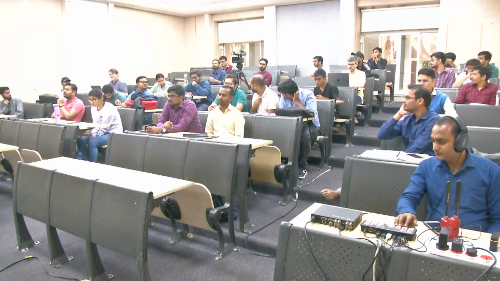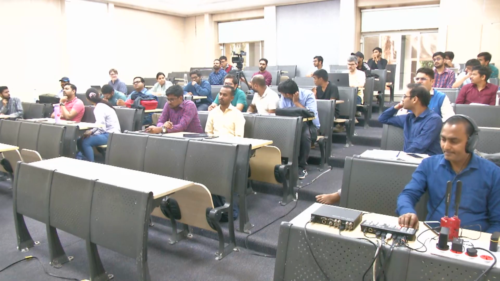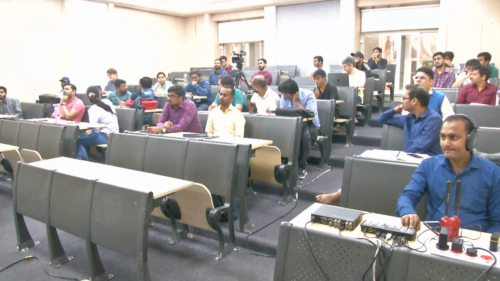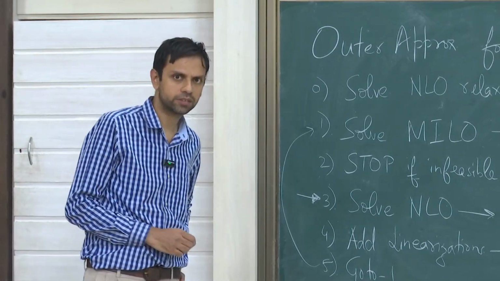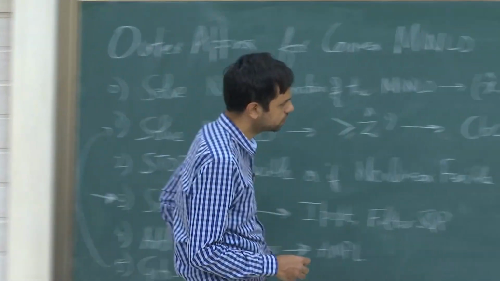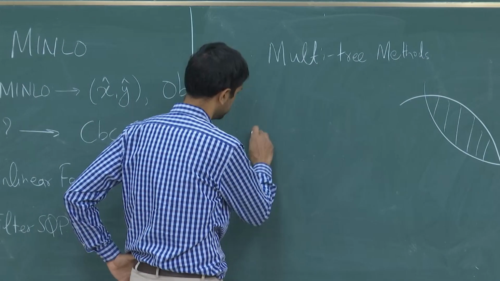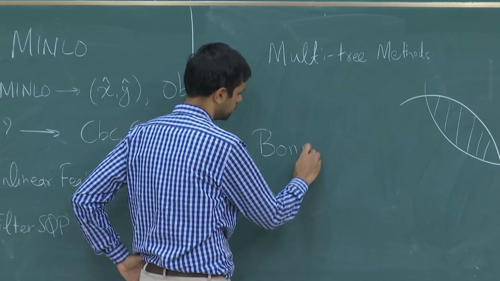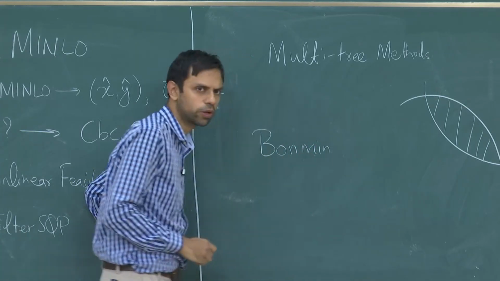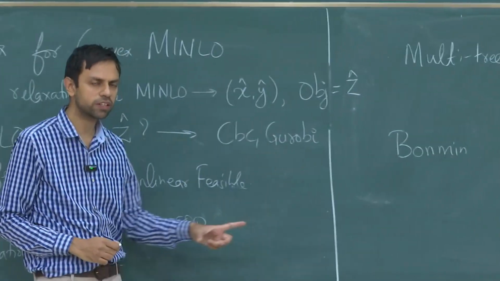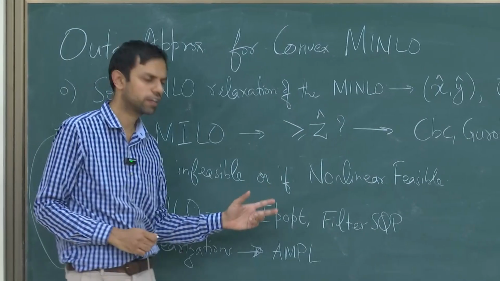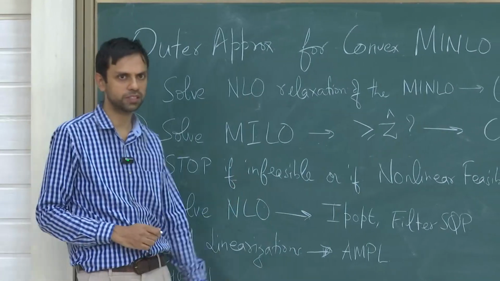So sir, do any open solvers do this, where they internally use other solvers for MILO and NLO? Actually, quite a few. So for example, Bonmin, which is available through COIN-OR, has 3 or 4 different algorithms for convex MINLOs, including this outer approximation.